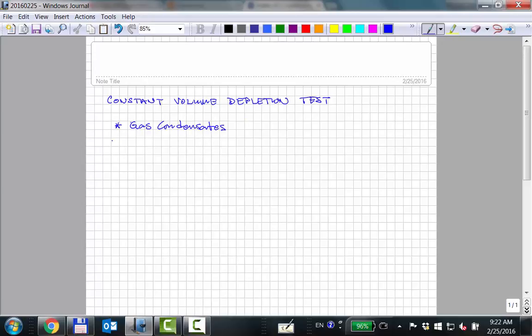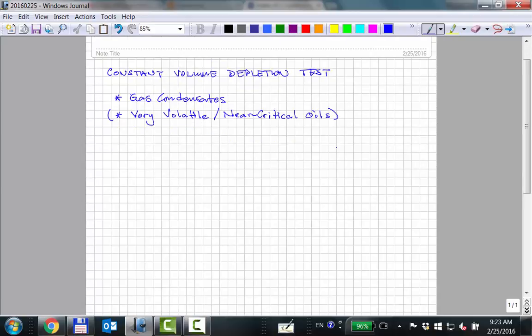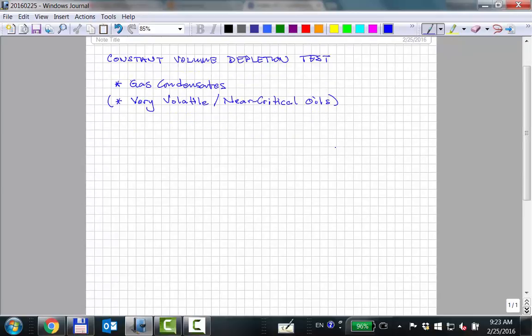And it can, in a few cases, be used for what we'll call very volatile, or sometimes we refer to it as near critical oils. Okay? So it can be used for gases, gas condensates, and or oils, but the oils that it's used for would typically be very, very volatile, high gas oil ratio oils.